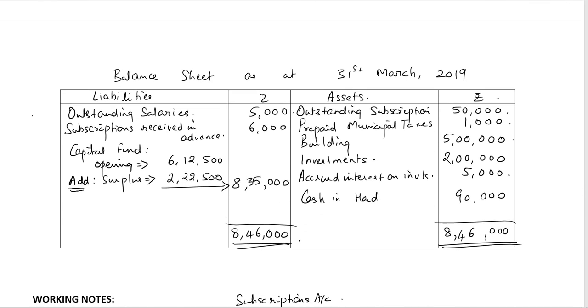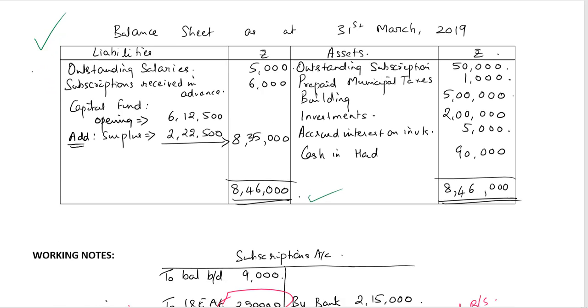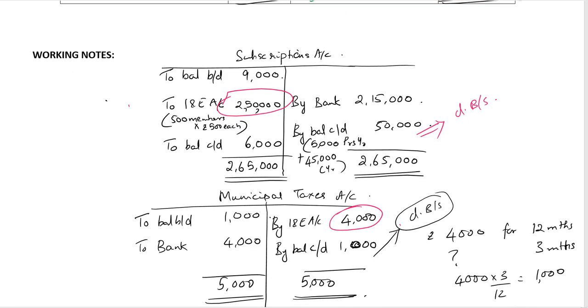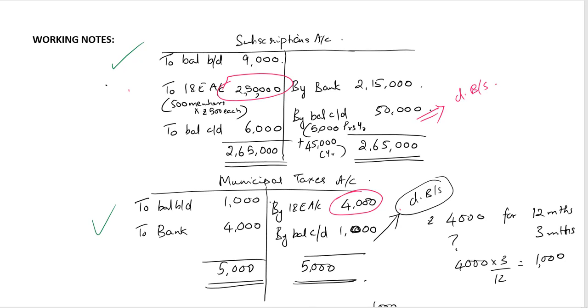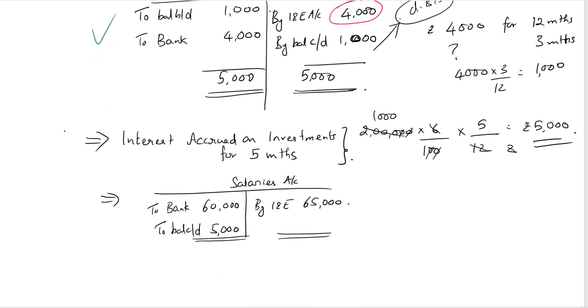And the closing balance sheet, where the asset side tallied with the liability side with 8,46,000 rupees. The working notes: subscription, municipal taxes, interest accrued calculation, and working note for salaries.